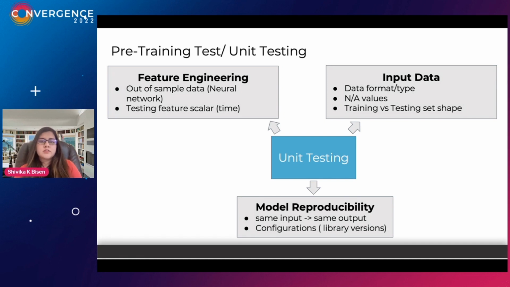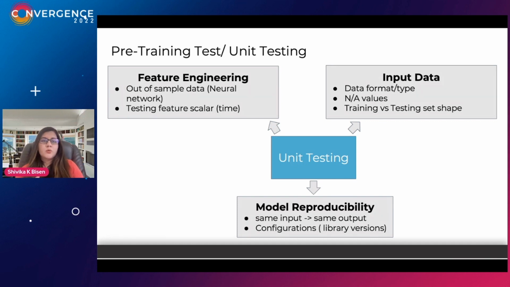And then there is another aspect of unit testing, which is feature engineering. This is an important one. Feature engineering is a very important part of any model building, right? So you have to test that whatever features you build are proper. To give you an example, this is something that we experienced in one of our projects. Take a very simple example of that classifier of cat and dog, right?